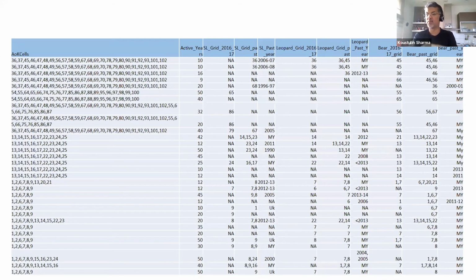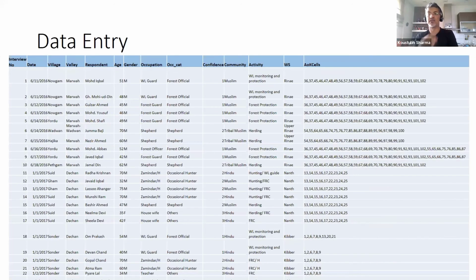Now, in this case, you will notice the rightmost column that you're seeing right now, that's the column which lists all the cells that are represented by each herder. I think I've taken the name out by mistake, but the bottom line being each of these lines represent a different individual who was interviewed, and each person provided information about more than one cells that she or he was representing.